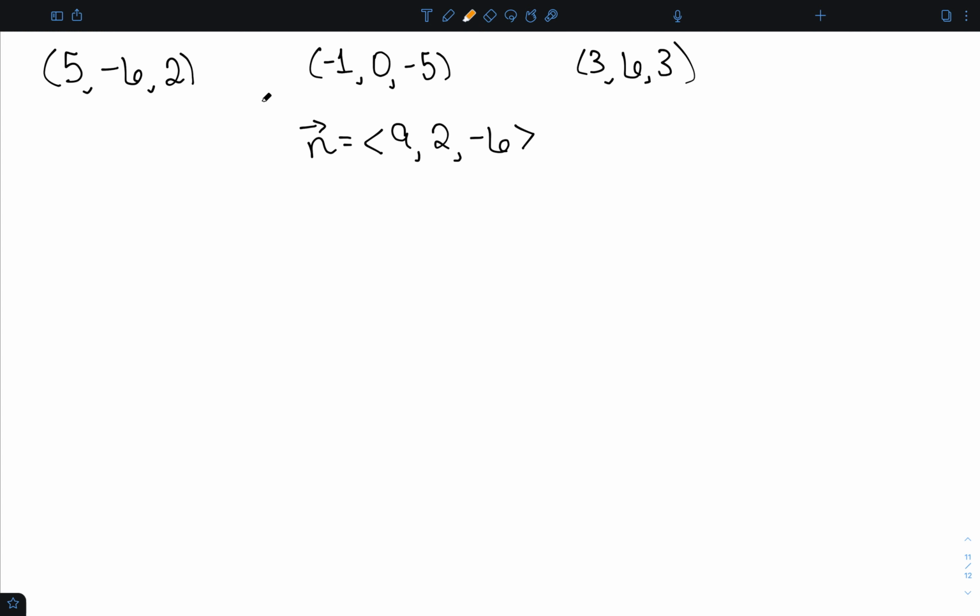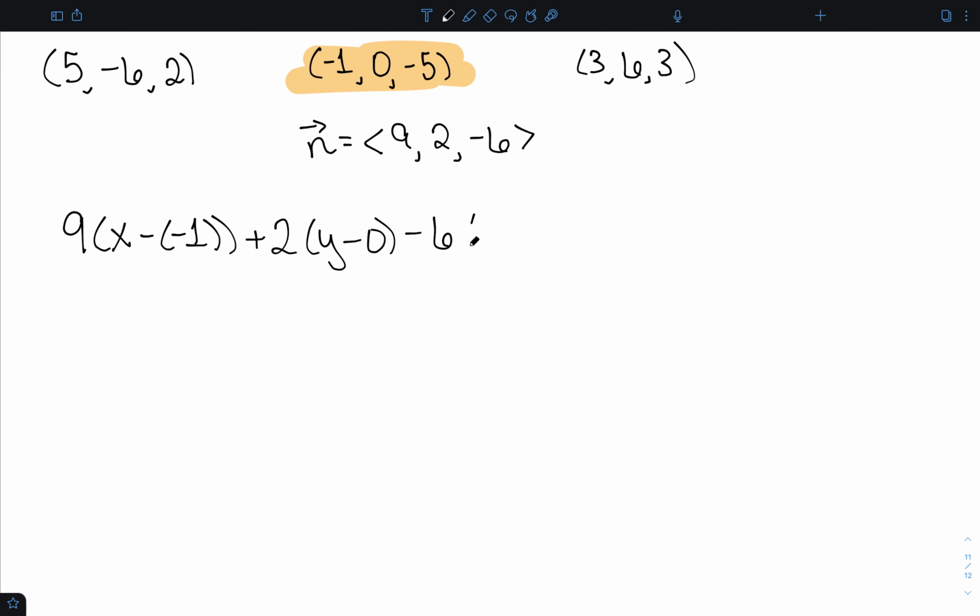There was nothing special about my first point. If I would have used the second point instead, I would have 9 times x minus the x coordinate plus 2 times y minus the y coordinate minus 6 times z minus the z coordinate is equal to 0.